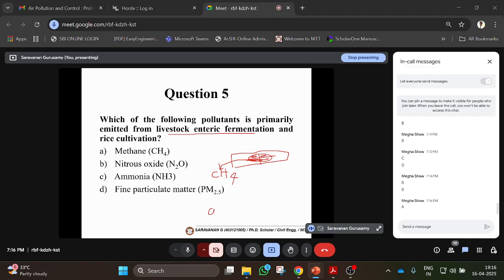If it is aerobic digestion, CO2 will be released. But this will release biogas. That's why we are developing gobar gas, right? So from cow dung, if you put it into the anaerobic digester, you can get gobar gas. So that will constitute mostly 60% to 80% methane and 20% CO2.